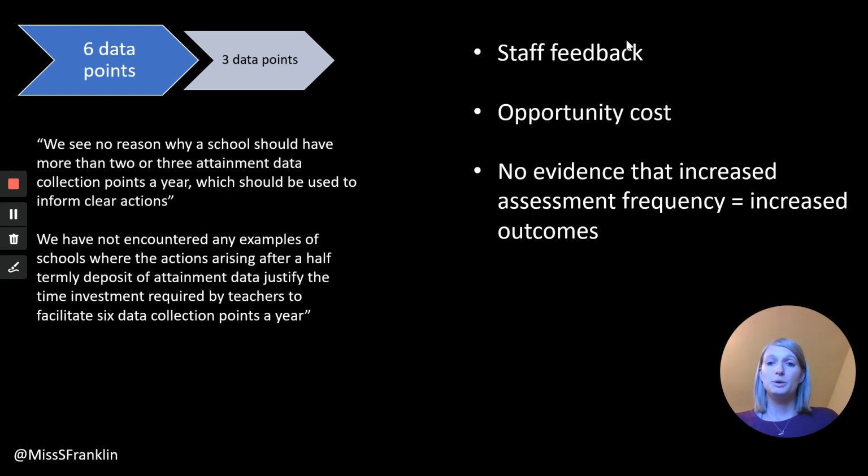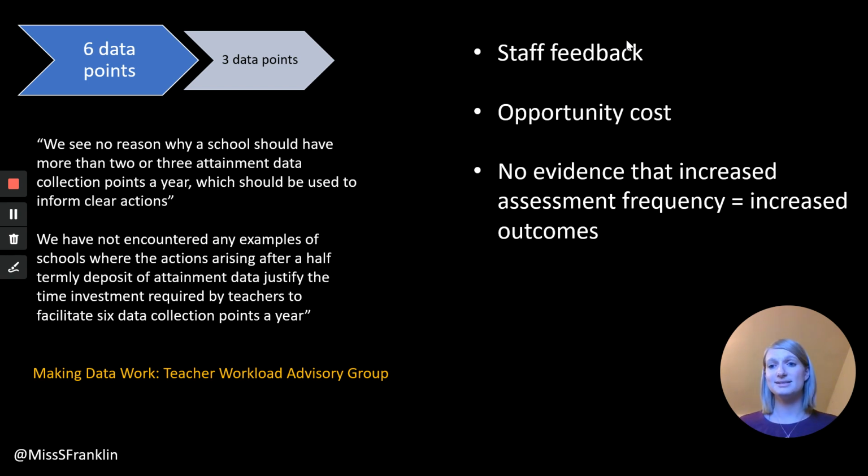And also, we should be mindful of feedback from papers such as the Making Data Work Teacher Workload Advisory Group, which made it clear that there is no evidence that increased assessment frequency directly increases the outcomes. There is no evidence for that.